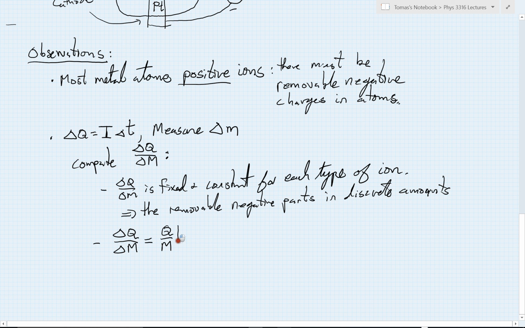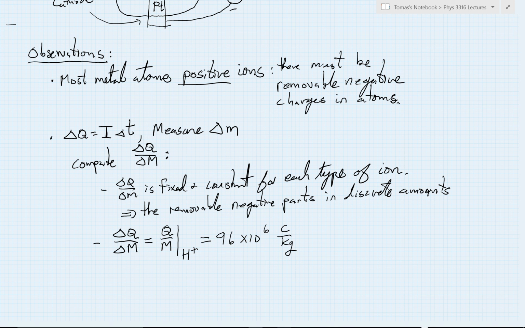And if you look at the value of that, for example, for the lightest element, because they knew the relative masses of the elements, the lightest element would be hydrogen, right? And you can do an experiment with hydrogen ions and evolve hydrogen gas. That charge to mass ratio turns out to be about 96 million coulombs per kilogram. And in a little bit, we'll see exactly why this is important.